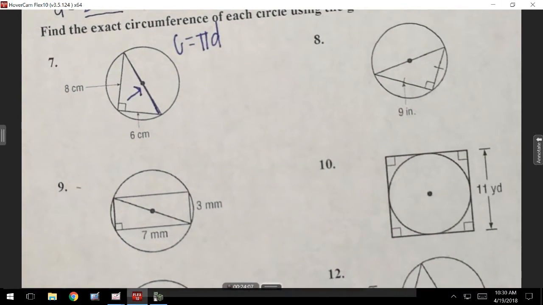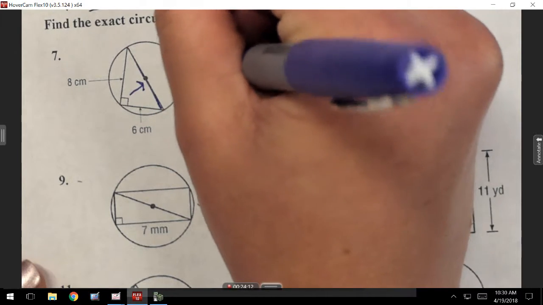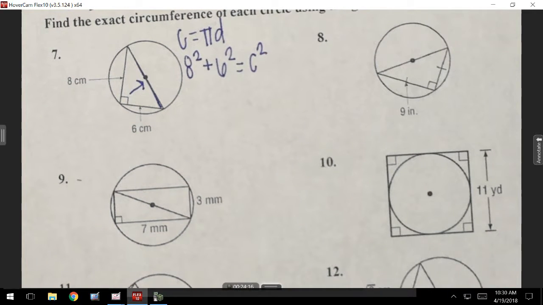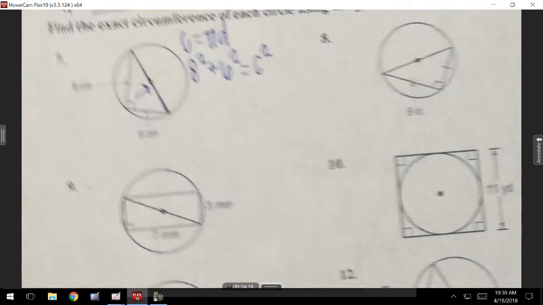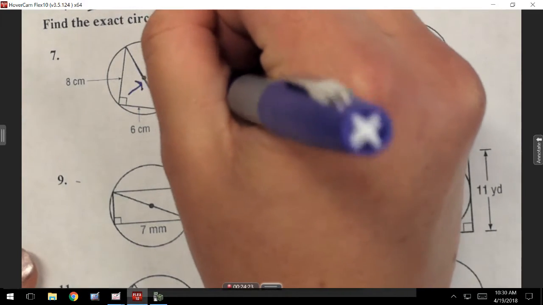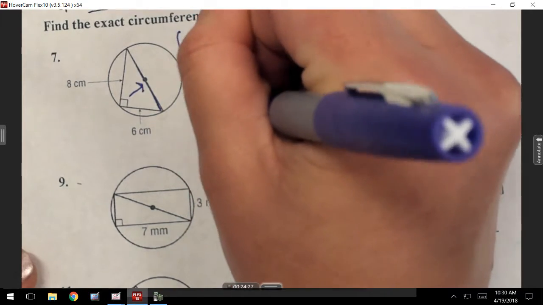So that's your C. So let's take the other two. Doesn't matter what order. A squared plus B squared equals C squared. Plug 8 squared and 6 squared into your calculator. You're going to get 64 plus 36 equals C squared. That's 100 equals C squared.